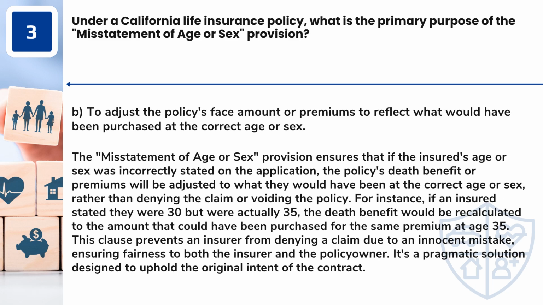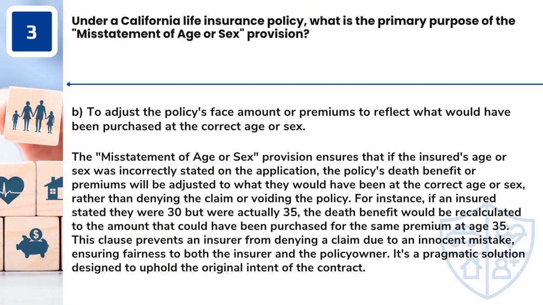Answer: B. To adjust the policy's face amount or premiums to reflect what would have been purchased at the correct age or sex. The misstatement of age or sex provision ensures that if the insured's age or sex was incorrectly stated on the application, the policy's death benefit or premiums will be adjusted to what they would have been at the correct age or sex, rather than denying the claim or voiding the policy.